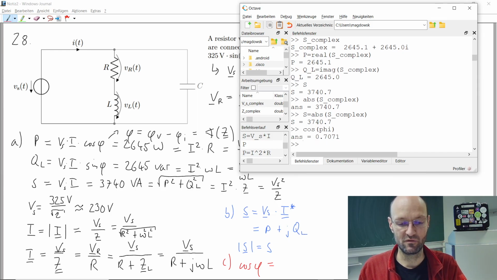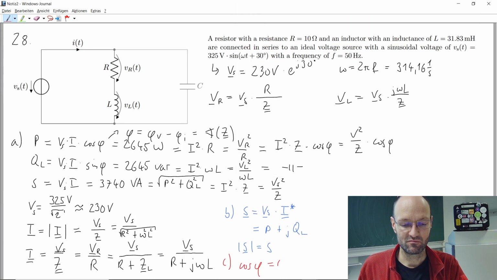And then the cosine phi is 0.707, which is exactly 1 over square root of 2.